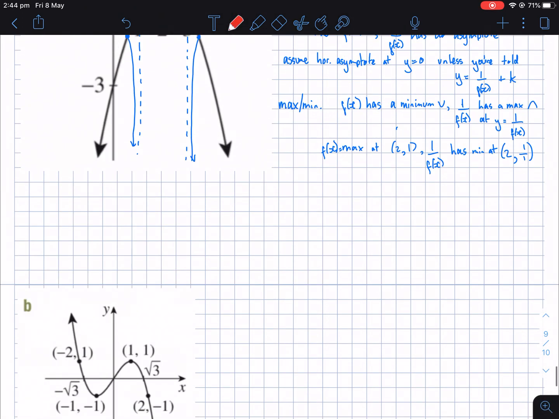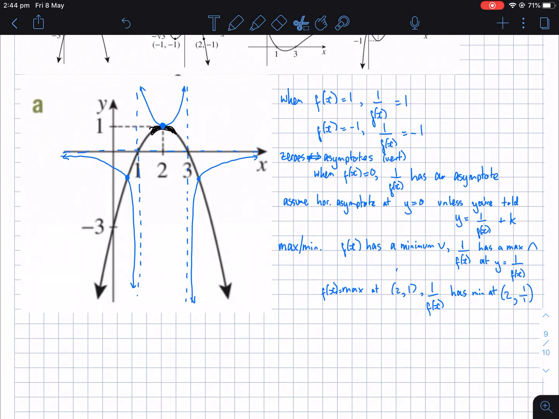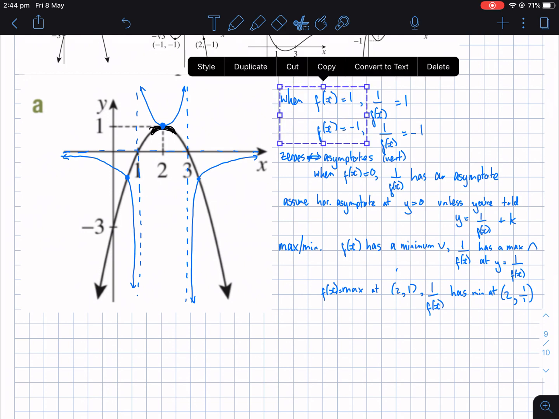So the first thing we check, I'm just going to give us some headings.